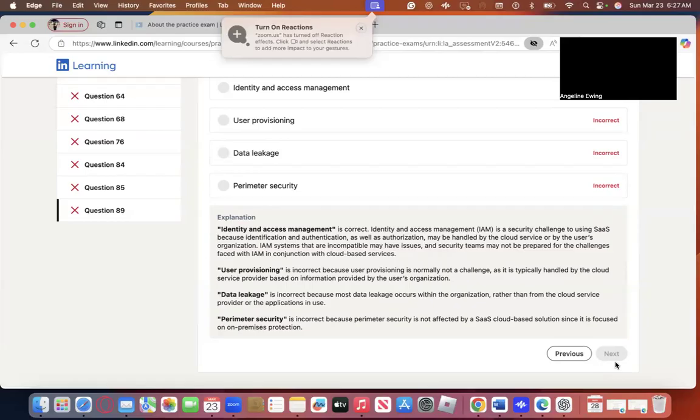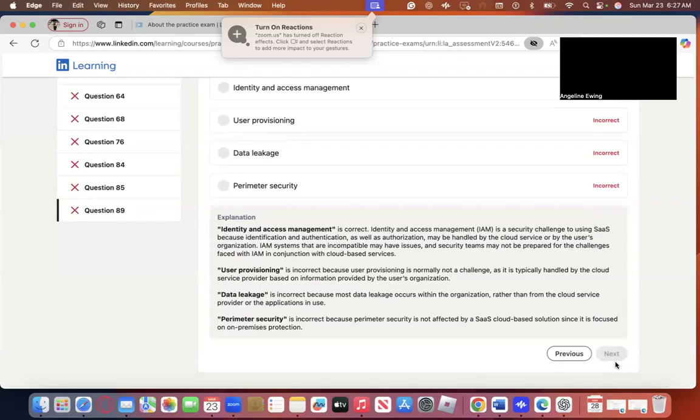The other incorrect answers are user provisioning, data leakage, and perimeter security. User provisioning is incorrect because user provisioning is normally not a challenge. It is typically handled by the cloud service provider based on information provided by the user's organization.